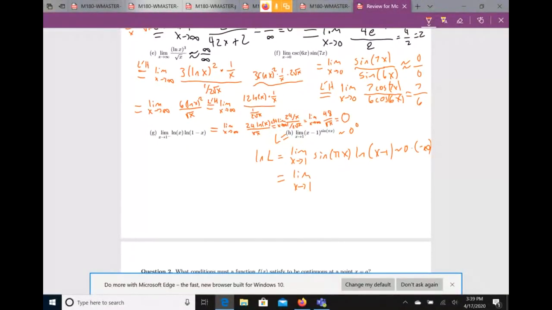I'm not changing anything, I'm just rewriting it. I'm moving the sine into the denominator so that I get 1 over sine, which I could also write as cosecant. So I'm just rewriting this as ln x minus 1 over cosecant pi x. Now this looks like negative infinity over infinity.